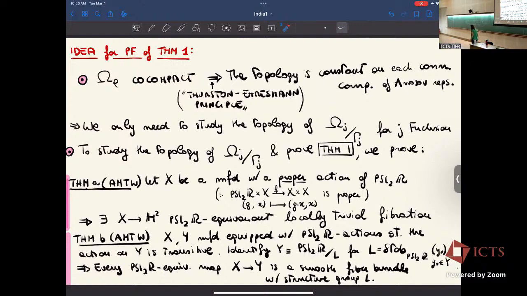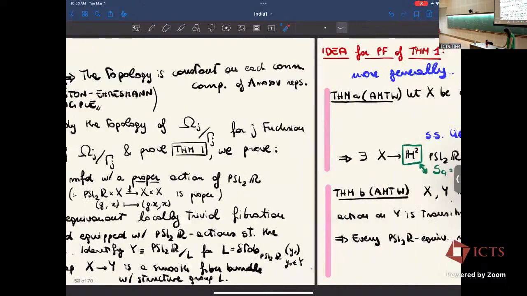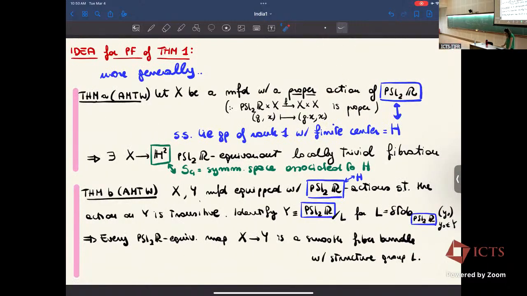And the second theorem is about the structure group of this bundle. As we were saying before, these just work in general for rank one groups, and again the second theorem as well.